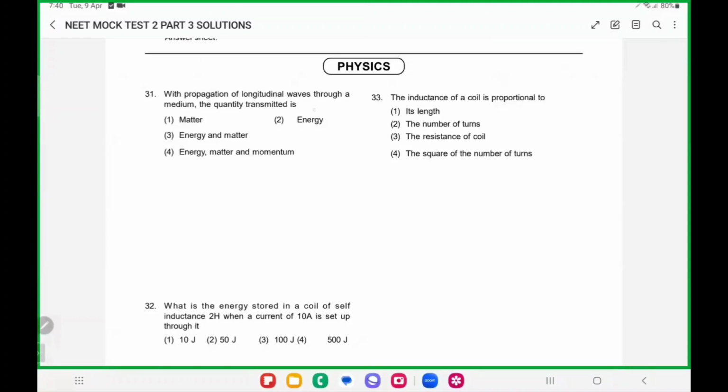Propagation of longitudinal waves through a medium, the quantity transmitted is.